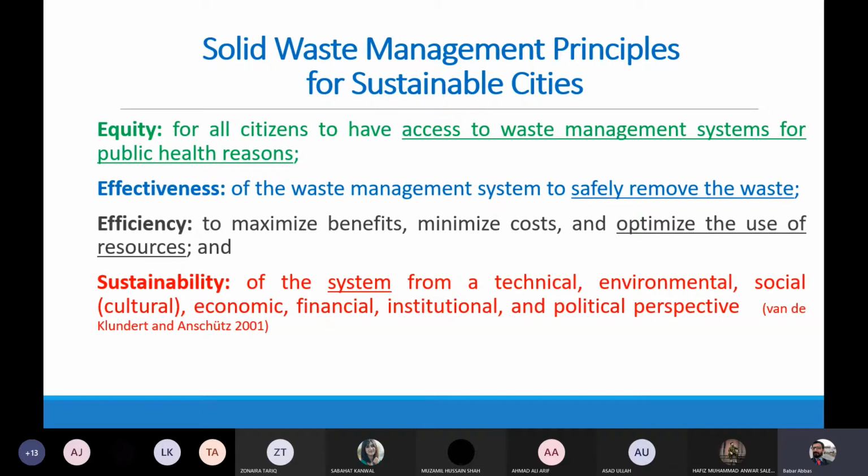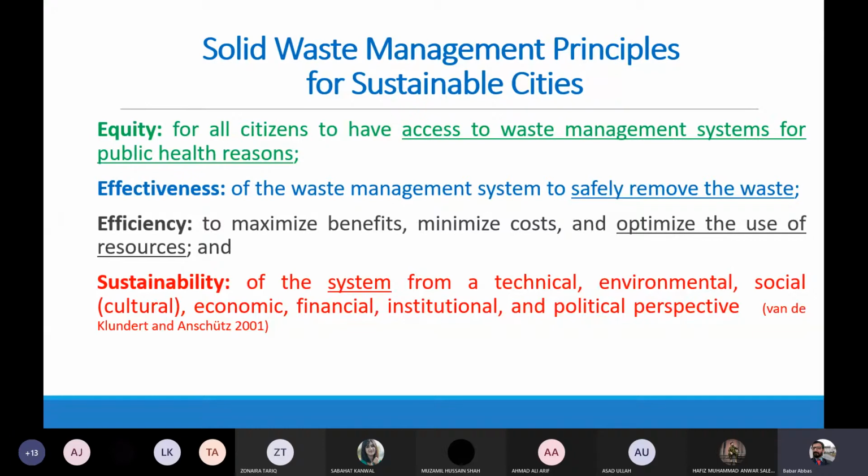It is dealing with its technical issues in terms of your fleet management, your infrastructure development, your technical skills acquisition for the staff, as well as the environmental system, for example, in terms of health and safety, the safe disposal of the solid waste, and many other systems.